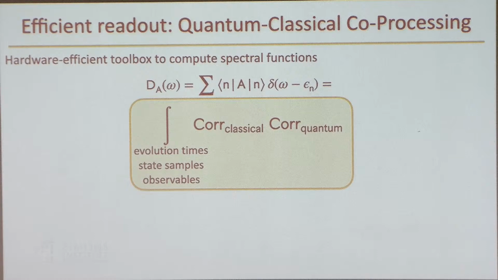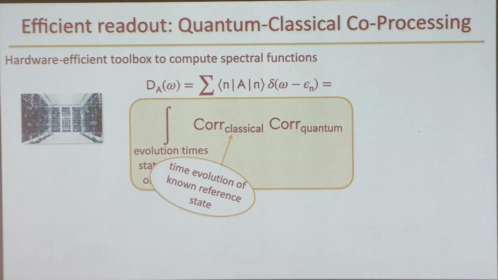And this gives us 2 correlation functions. I won't show you that, as it gets complicated, unless you want to. The one comes from a time evolution of a known reference state, which therefore can be done efficiently classically. So no quantum computer is needed for that.